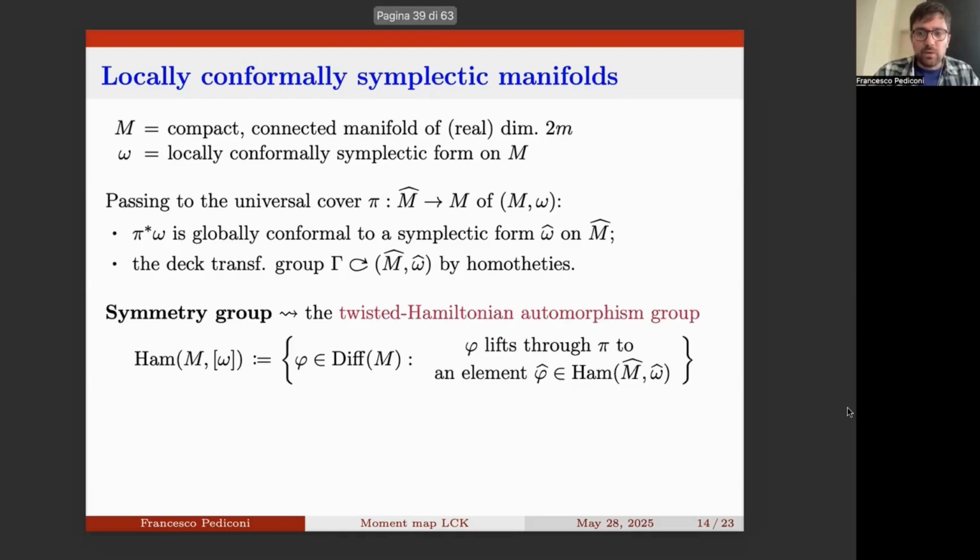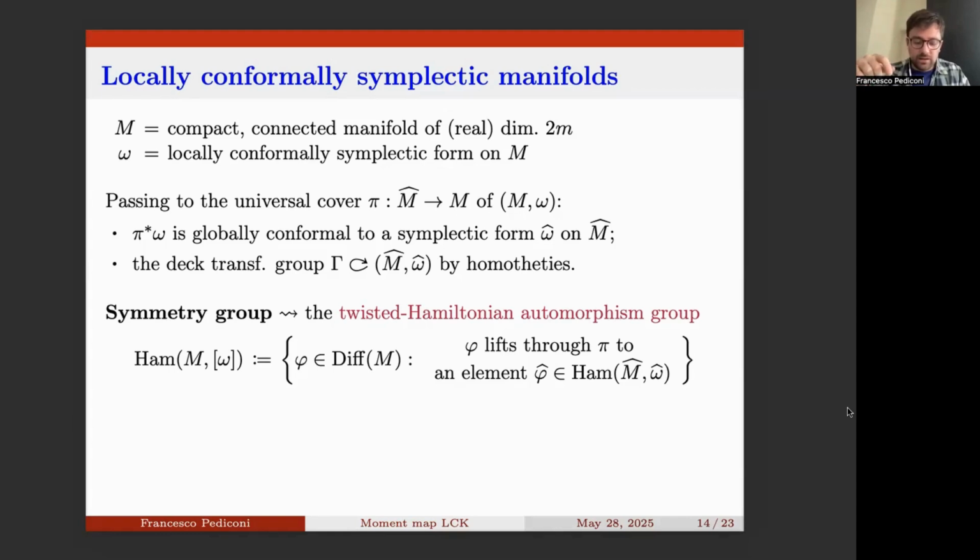Now, the first thing to do is to choose a symmetry group with respect to which we want to search for a moment map. In the Donaldson-Fujiki framework, the natural symmetry group was the group of Hamiltonian diffeomorphisms. Here, in this locally conformally symplectic framework, the symmetry group that we decided to study is the so-called group of twisted Hamiltonian automorphisms.